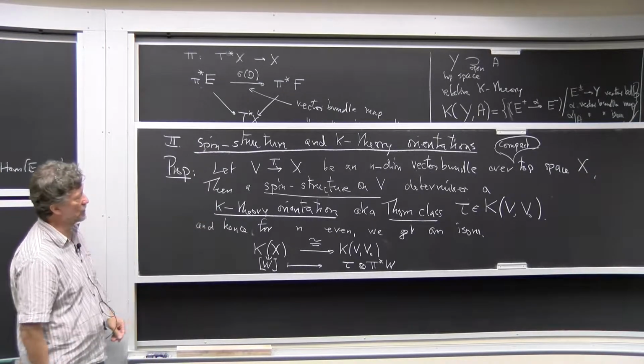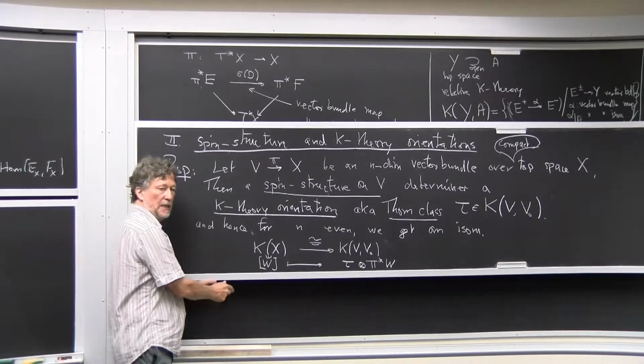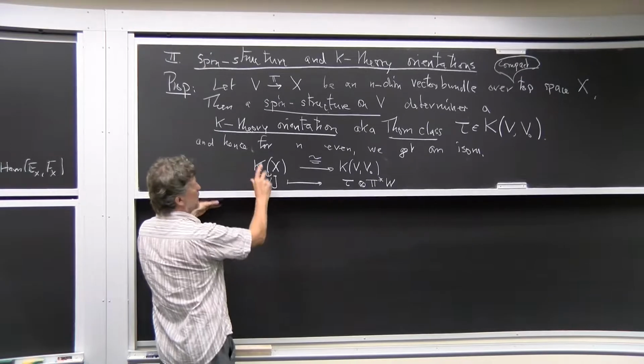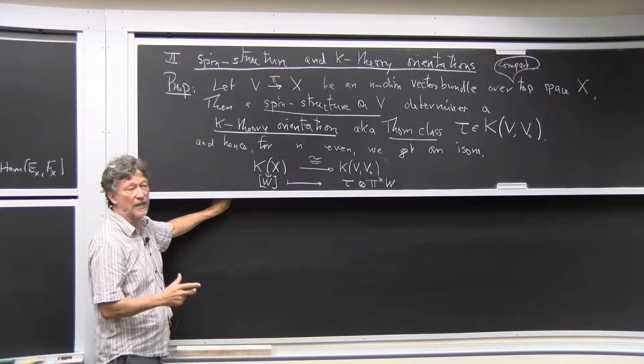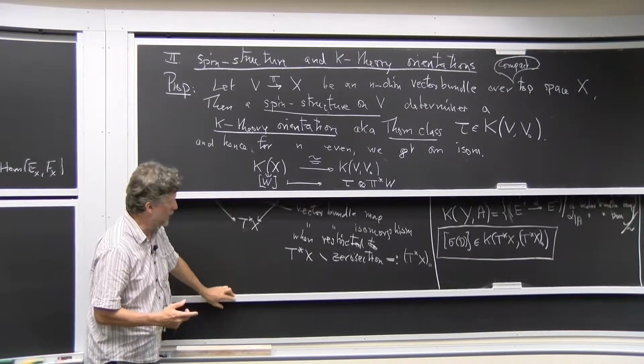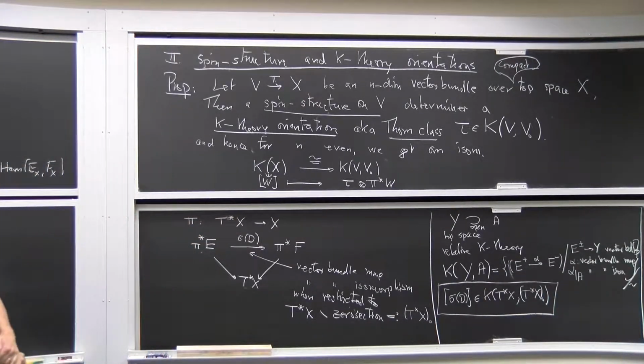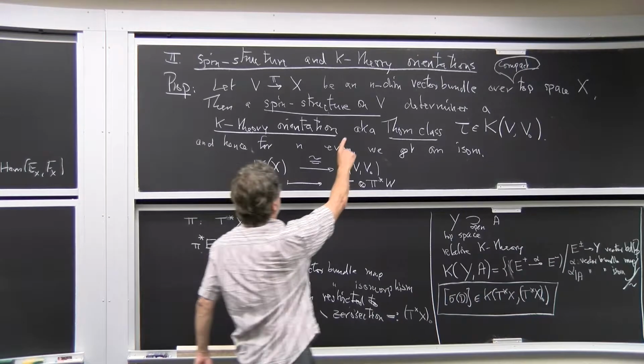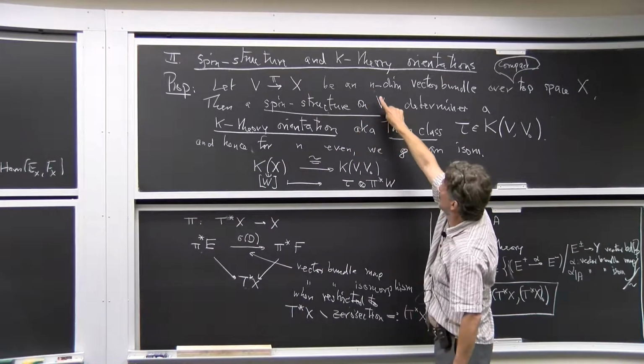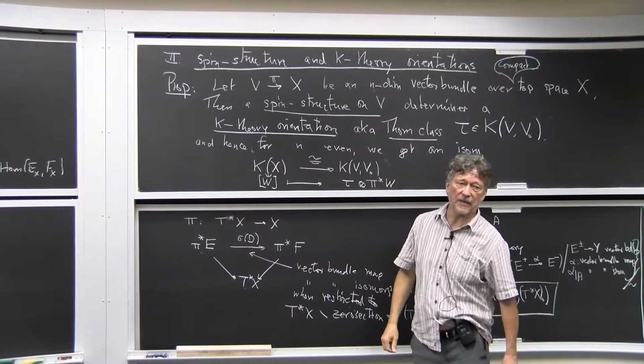So now I need to, of course, explain, well, what do those terms mean? But this will be the crucial statement that will be used in the analytical part when I talk about the Dirac operator. Well, the n is the dimension of this vector bundle.